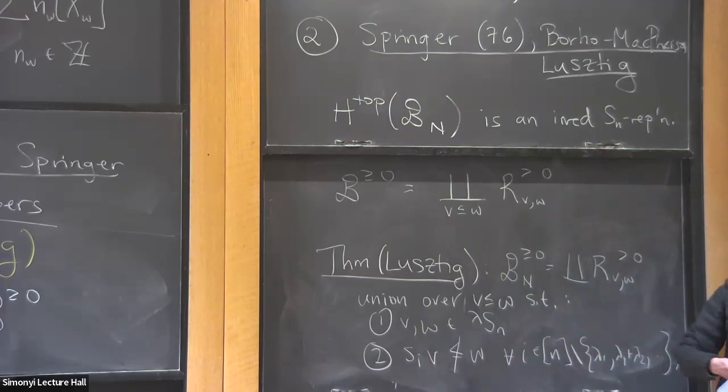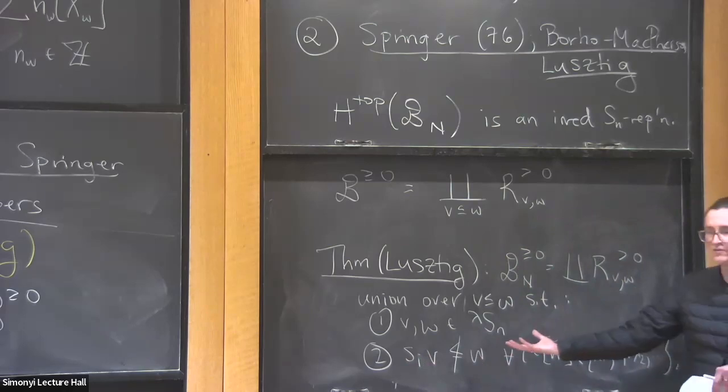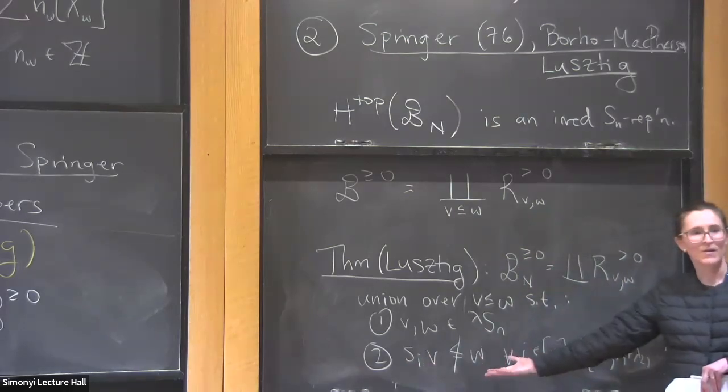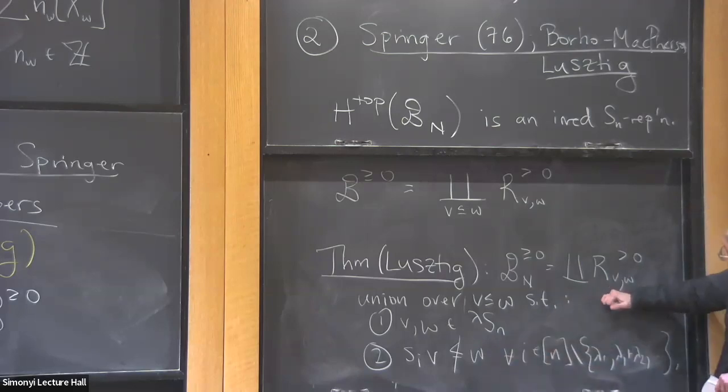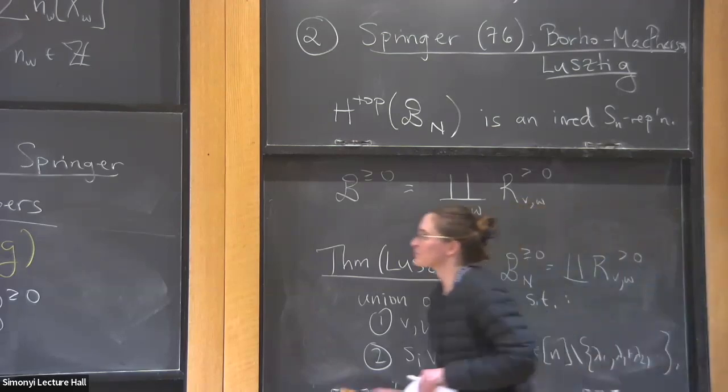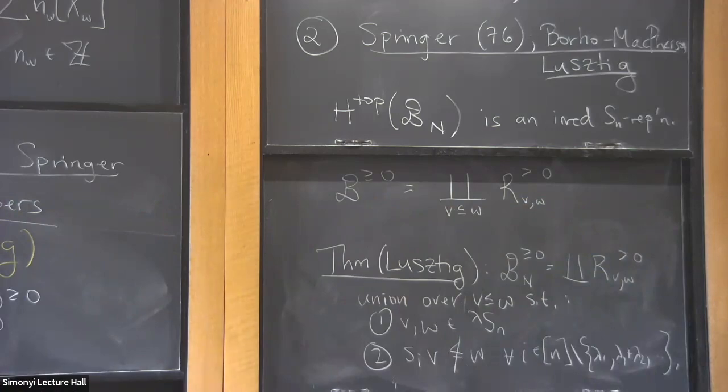So it's a very simple Bruhat order condition that dictates exactly which of these cells lie in the totally nonnegative Springer fiber.